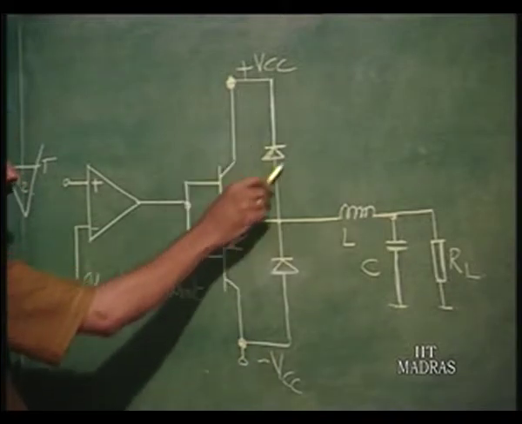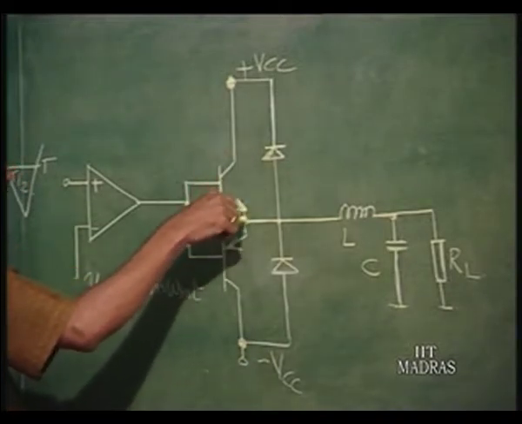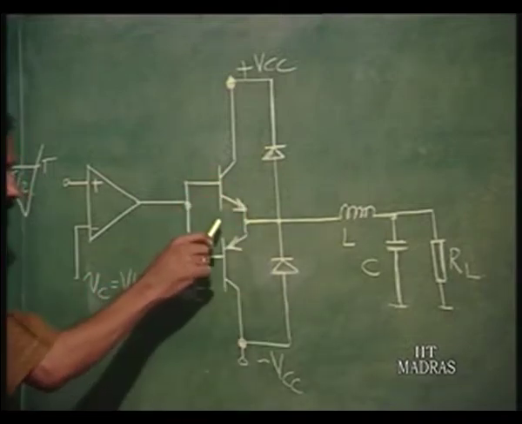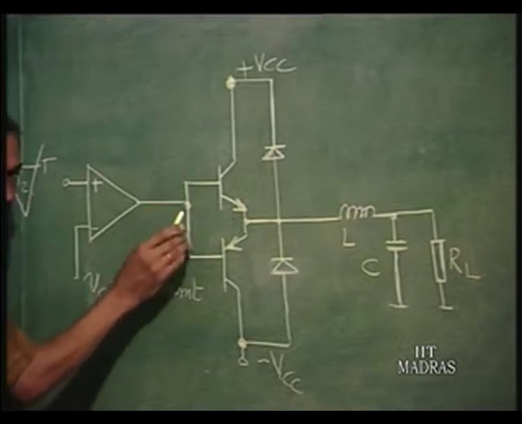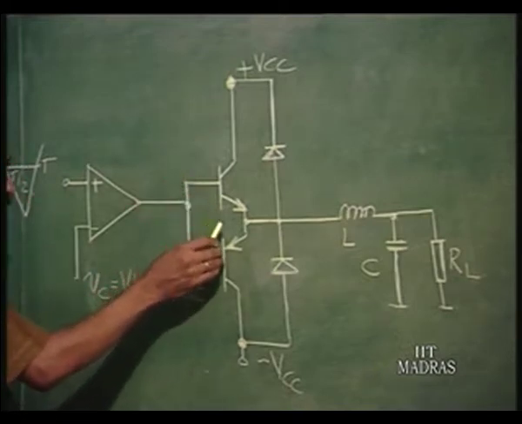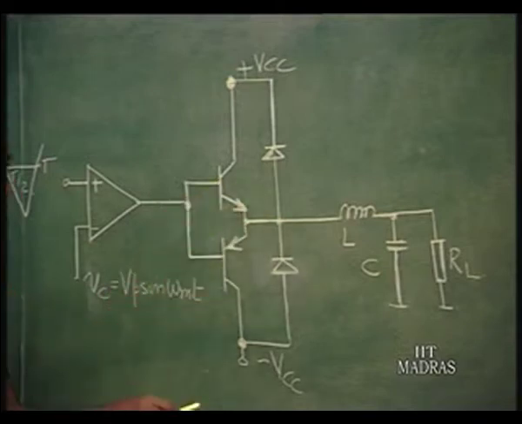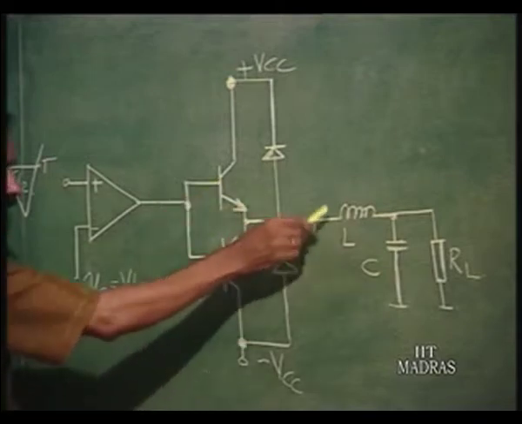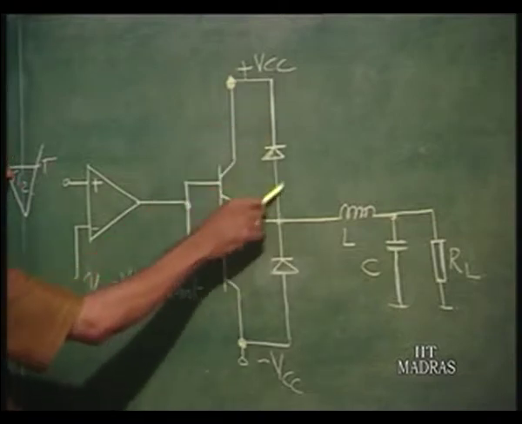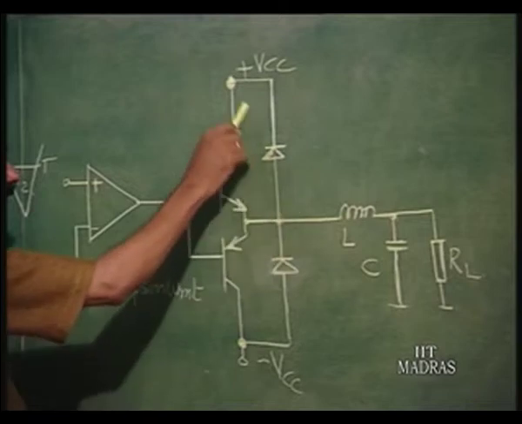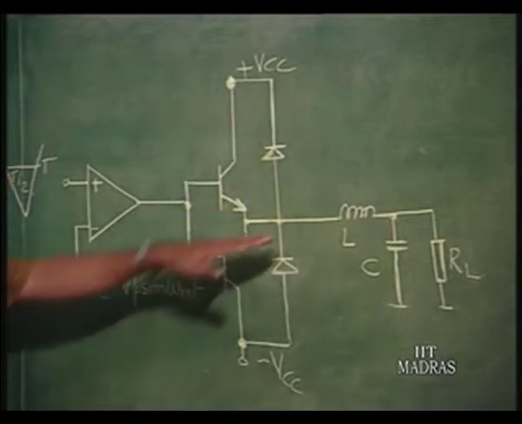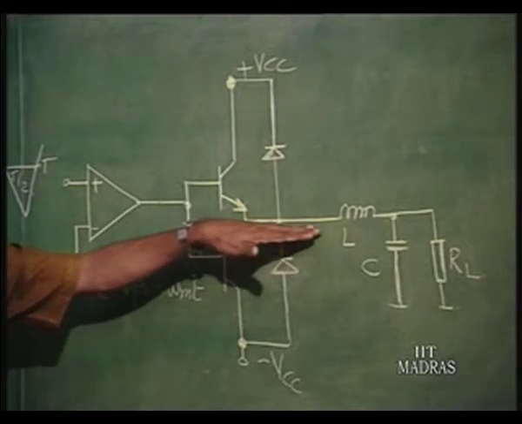And for protecting against any accidental opening of the transistor or in between transition during certain duration plus minus V gamma, both the transistors are not conducting during that period to restrict the voltage from jumping high, because the inductive current will be continuous. So, these are the clamping diodes, protective diodes which have been put. This will not allow the voltage to go too high when the switch is getting opened in between.